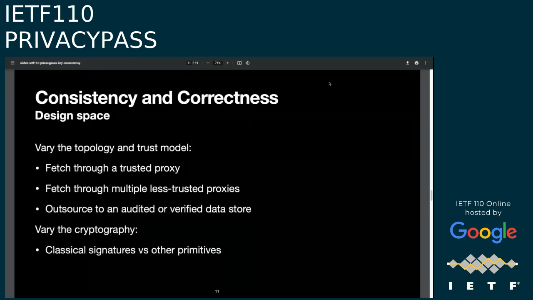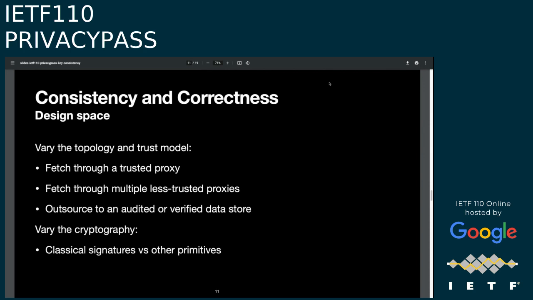Because there are so many parameters, depending on how you tune these knobs, different systems might naturally fall out. For example, if you assume a trusted third party, then perhaps your system for getting keys consistently and correctly becomes quite simple, for some definition of simple. But if you don't have a trusted third party, maybe you need to rely on less trusted parties or proxies, or on external systems like append-only logs.